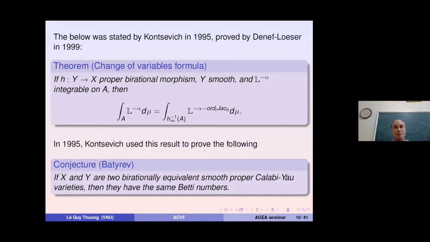This is very important for theories of integration, namely the change of variables formula, which was invented by Kontsevich and introduced in 1995.